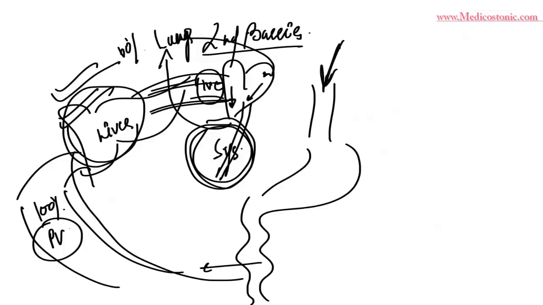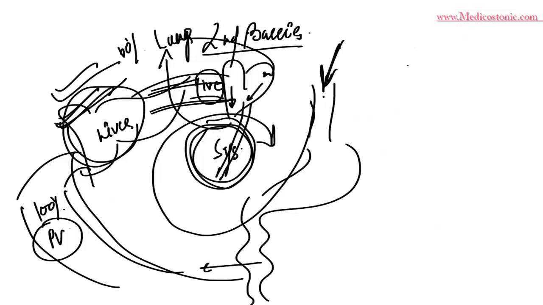So around 40% of the drug is getting degraded in the liver. This is known as the first pass metabolism of the liver. It means that when the drug takes one pass through the circulation, it undergoes metabolism, and that's why it is known as first pass metabolism.